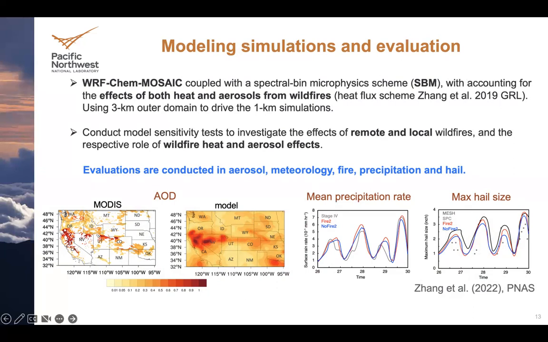Here, we evaluate both aerosol, the AOD, and we see that the model can capture the transport of the wildfire from the western US to the region of Wyoming and Colorado. For the mean precipitation rate, the model can capture that, as well as the maximum hail size.